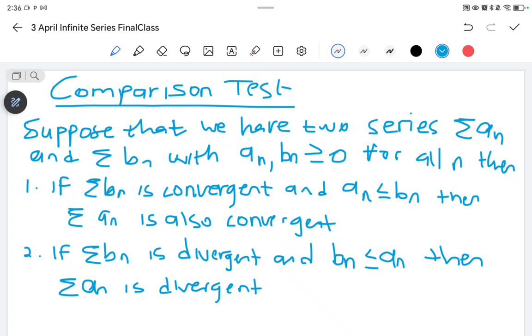Which means that if we come across any questions, we will be able to solve them.